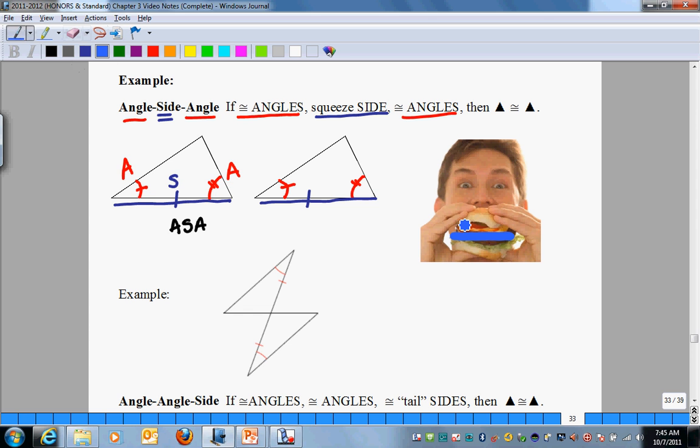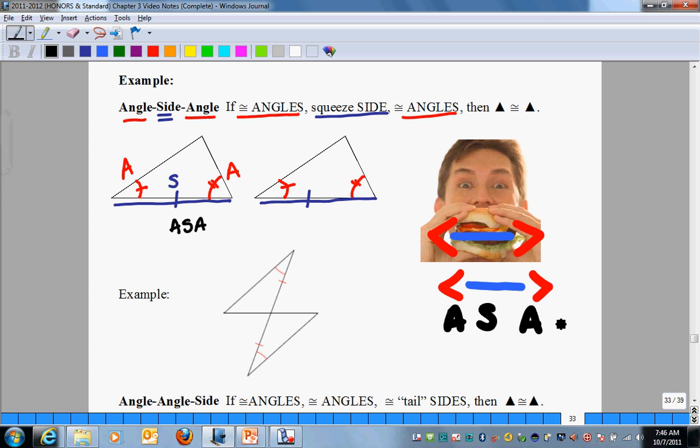This is the hamburger patty. And then the two angles would be your hands grabbing the hamburger patty. So angle side angle is two distinct angles with a side sandwiched between. That is called angle side angle shortcut. I will also nickname it the hamburger patty.